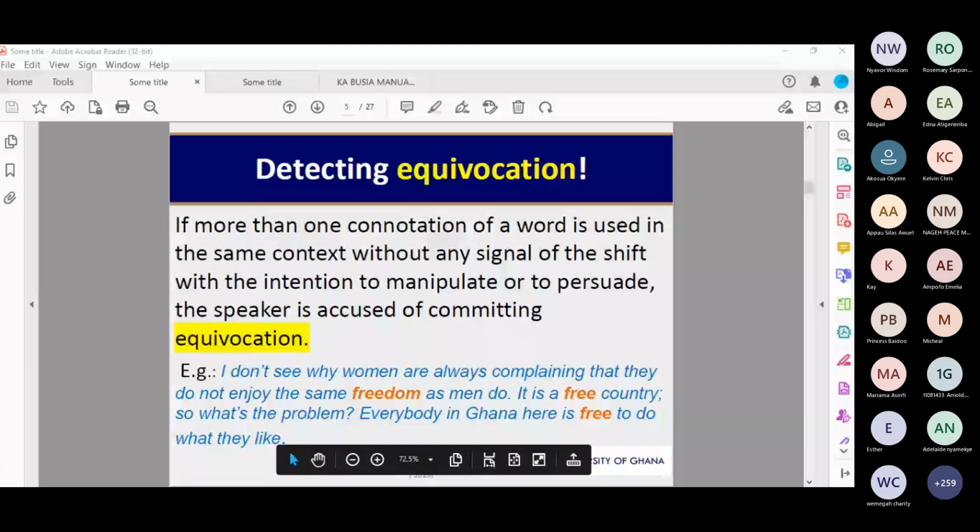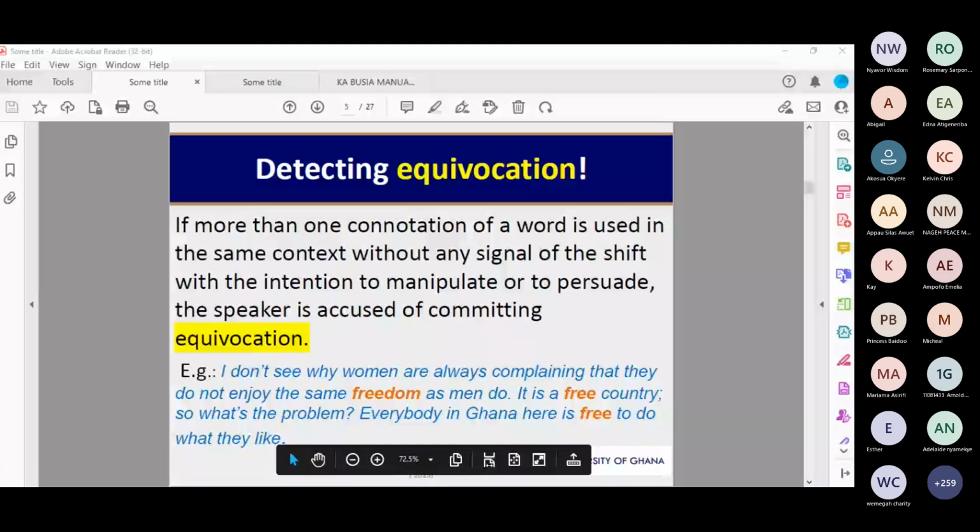All right. So I was saying that, for example, you want a job, then there's a job advert that says, we are looking for a responsible person to take up this job. That's what the company says.